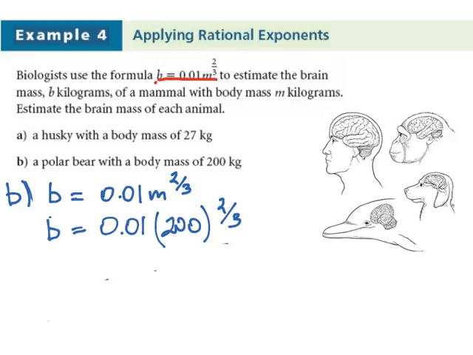So for your calculator, 0.01 times 200 little hat bracket 2/3 will give me the value of 0.34 kilograms.